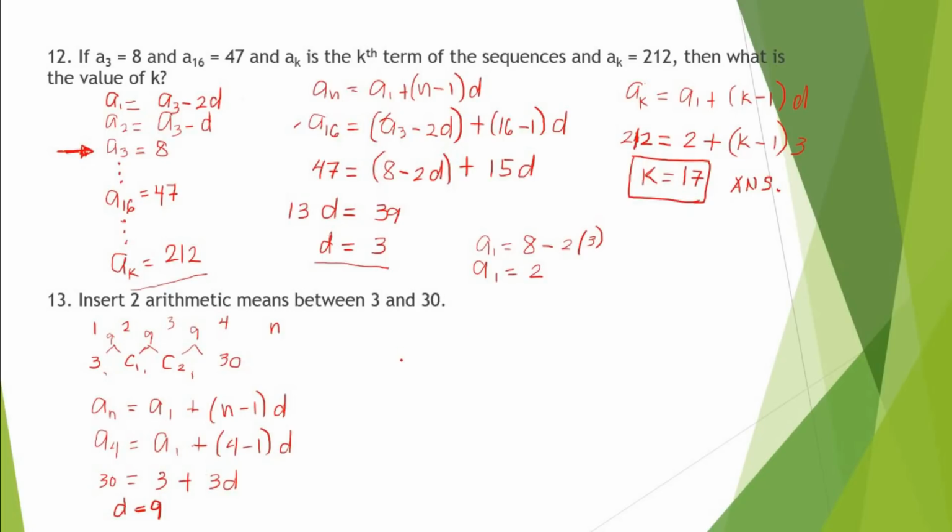So our C1 is equal to 3 plus 9, which is equal to 12. Our C2 is equal to 12 plus 9, which is 21.